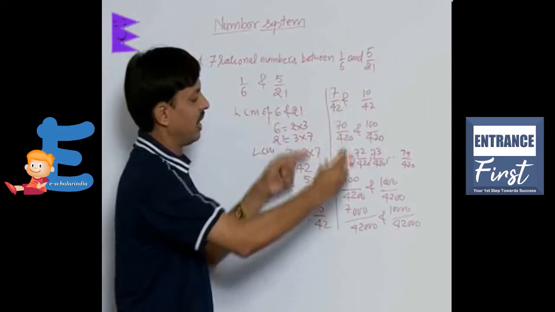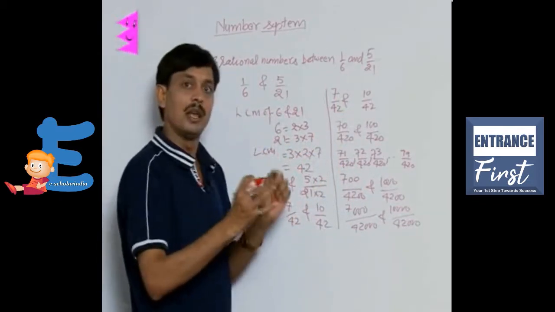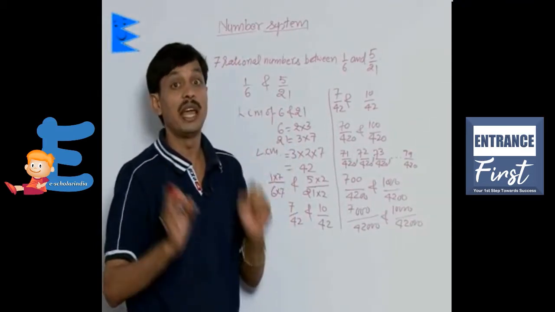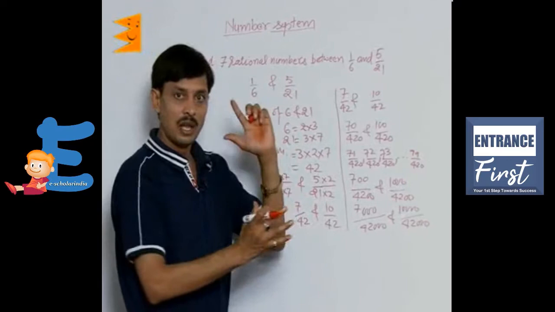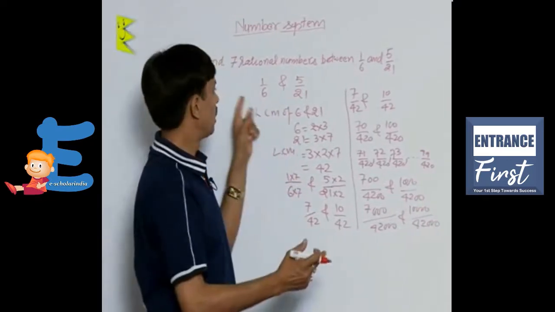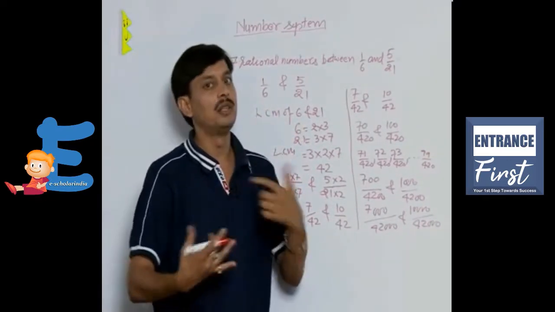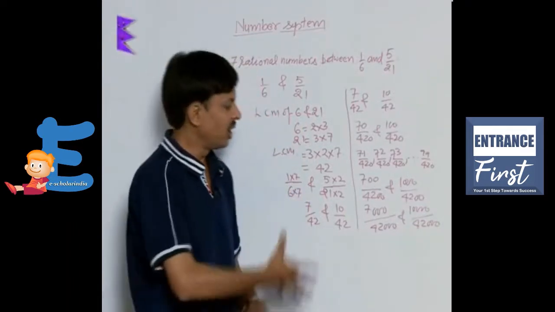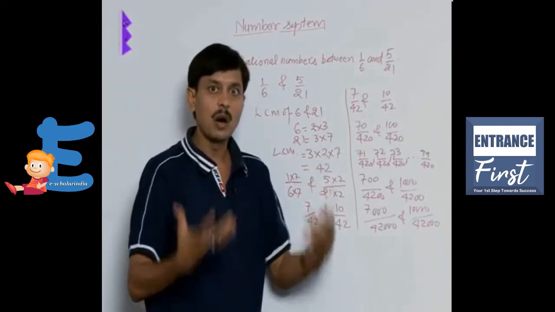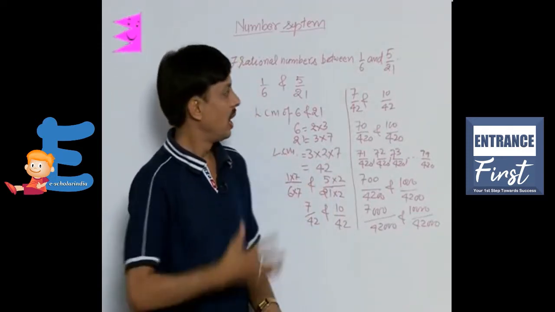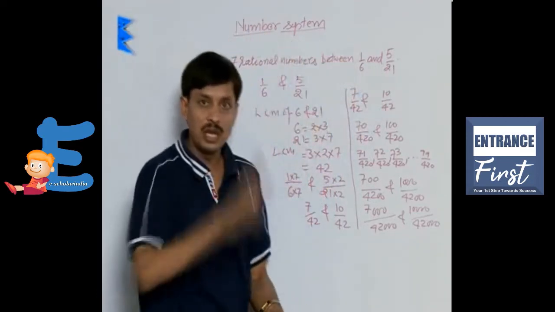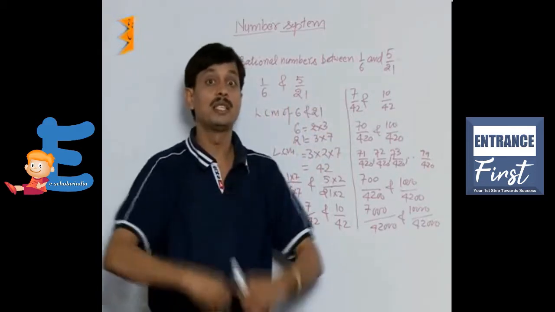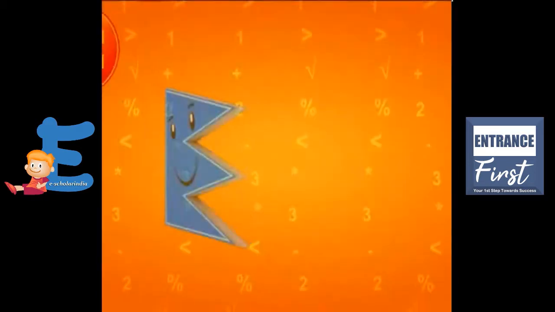So we will multiply by 10, 10, 10 and the gap will increase, so we can insert n number of rational numbers between any two rational numbers. But the step is, first make their denominators the same and then multiply numerator and denominator by some natural number according to your requirement, how many numbers you want to insert. Between two rational numbers, we can insert any number of rational numbers as well as any number of irrational numbers.